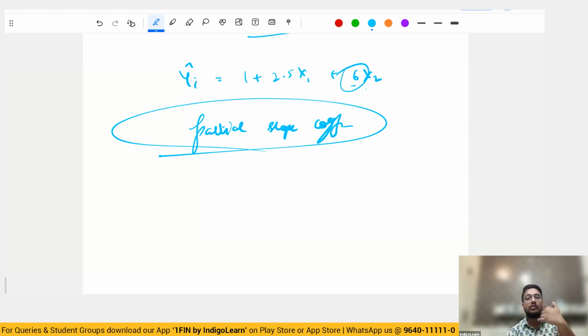Now see how questions are built in the exam. They'll give you three options, and in one of the sentences they will mention holding x1 constant. That is going to be the right answer. They're always very close options, so just keep a note of that.